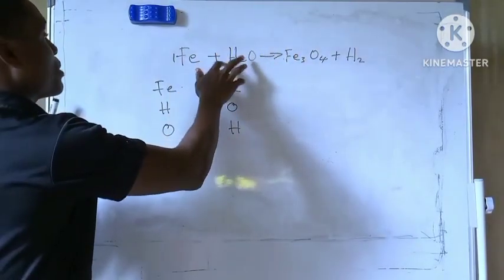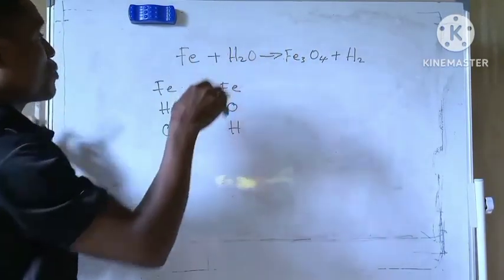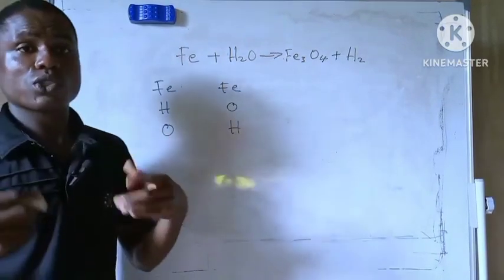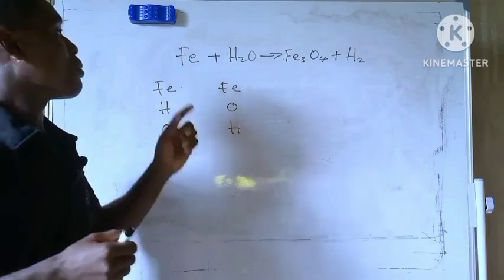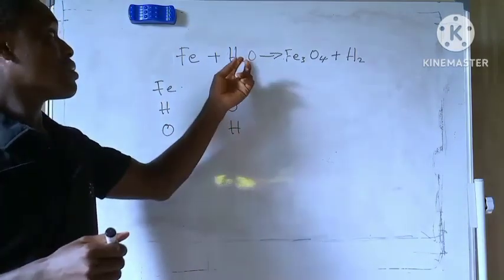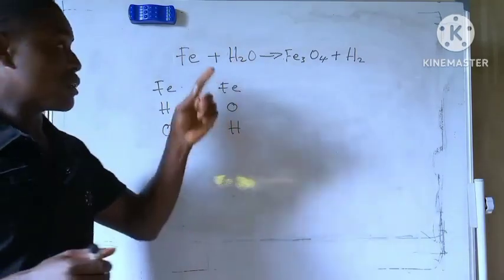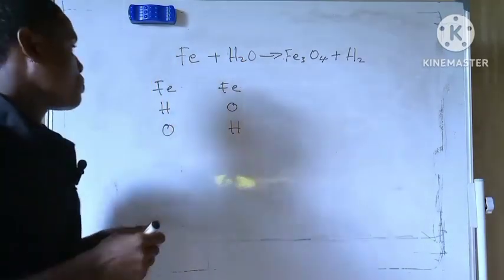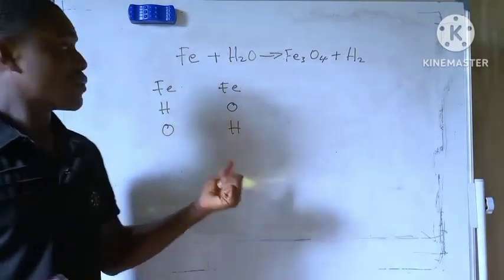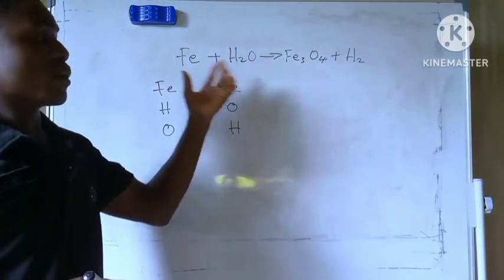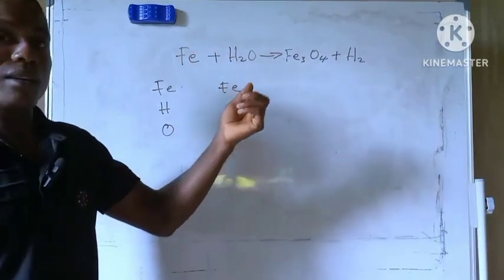So only that one can be changed from 1 to 2, 3, 4 to 12, any number, okay? But just note that the subscript cannot be changed, only the coefficient can be changed, okay? So we are done writing down the elements in both our left and right side, right?